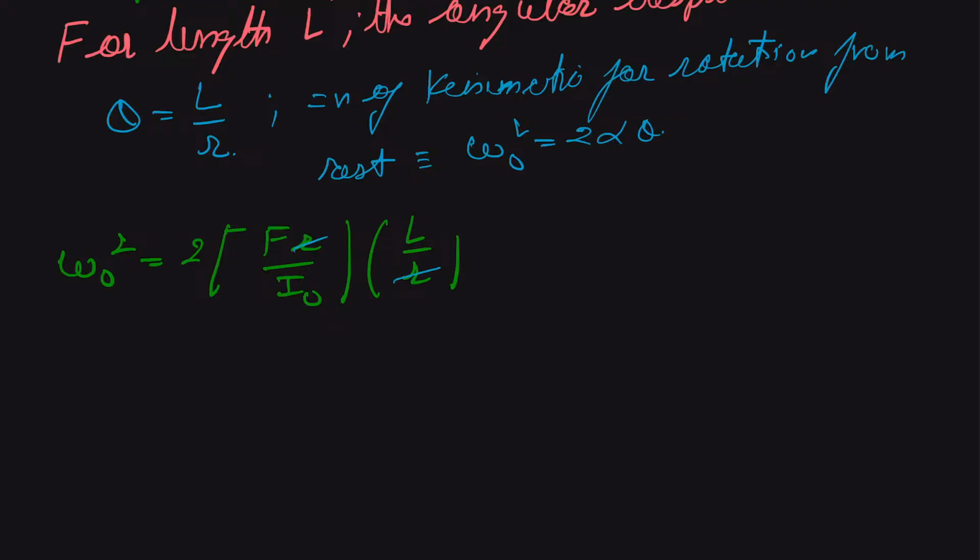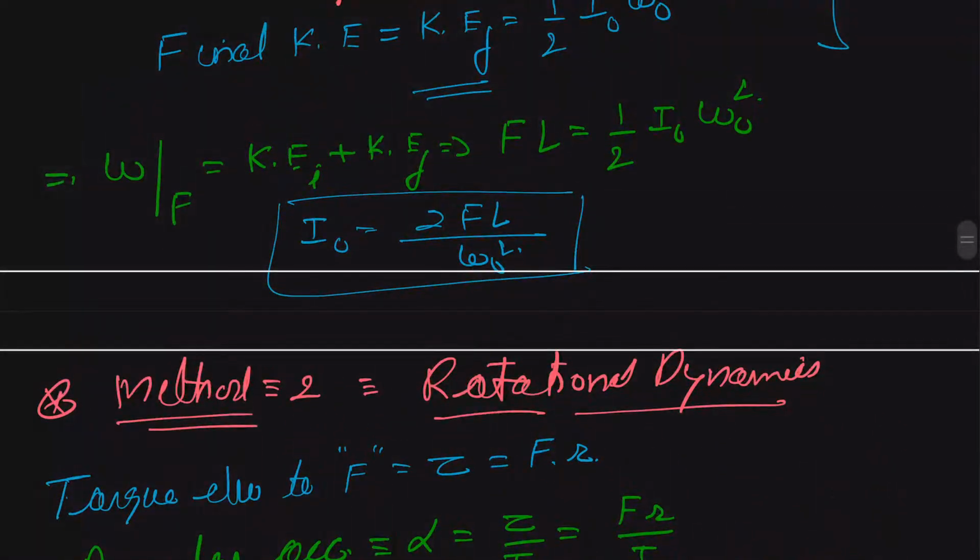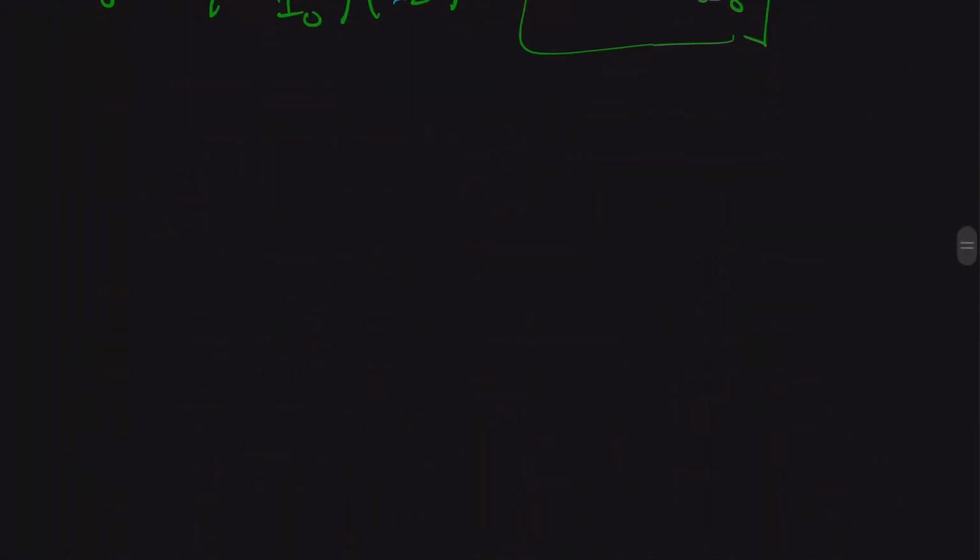Here r and r cancel out, so we get I naught equal to 2FL divided by omega naught square. So we can solve this question in either way, and in both cases we get the result.